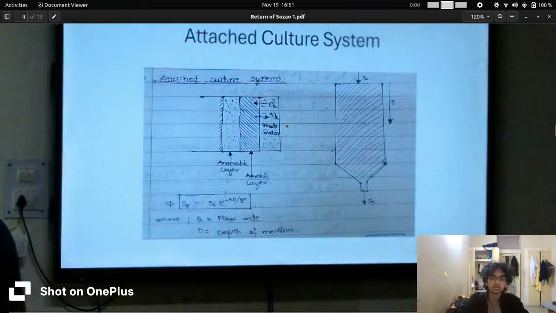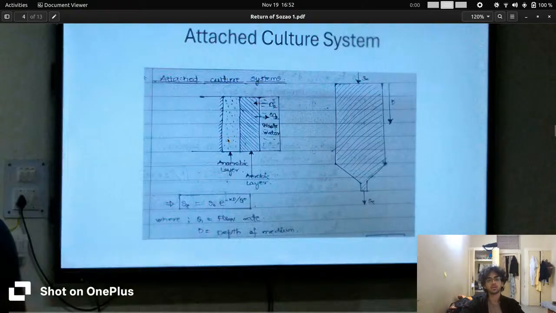This is O2, CO2 minus, so basically O2 goes in, CO2 comes out, and here the water flows. So this is just one wall, a zoomed out view of just the left wall.